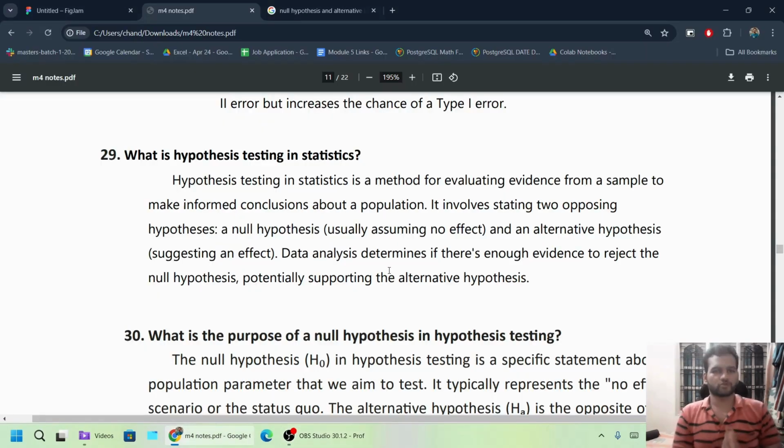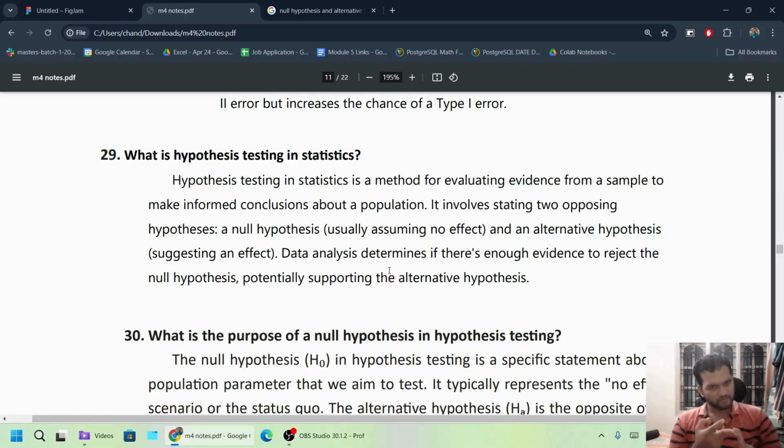Let us go ahead with our next question. What is hypothesis testing in statistics? Hypothesis testing in statistics is a method for evaluating the evidence from a sample to make an informed conclusion about a population. It involves two statements: one is the null hypothesis, the second is the alternative hypothesis.